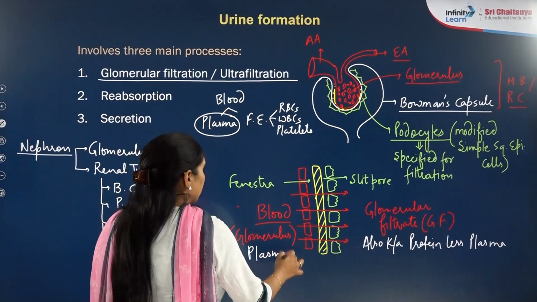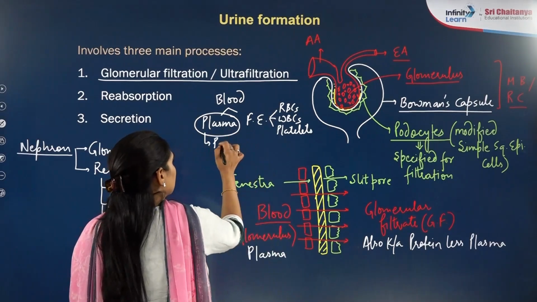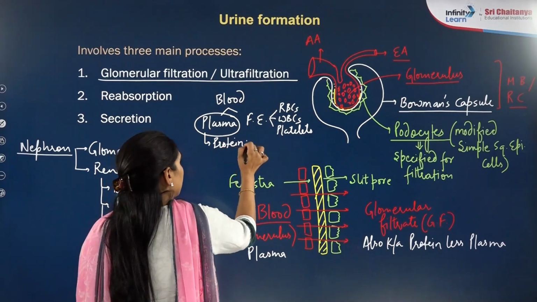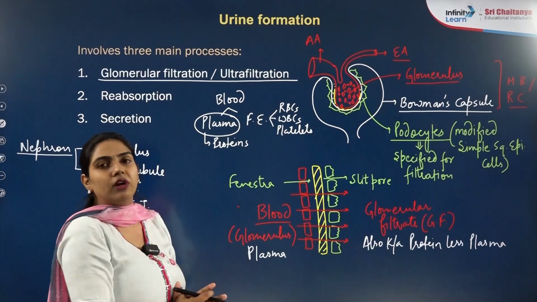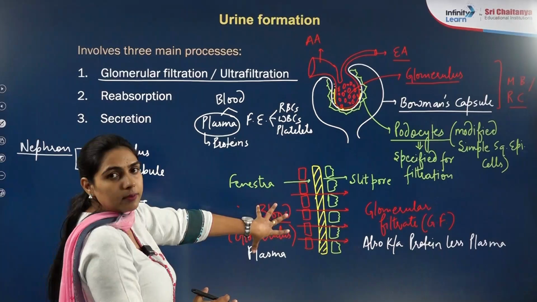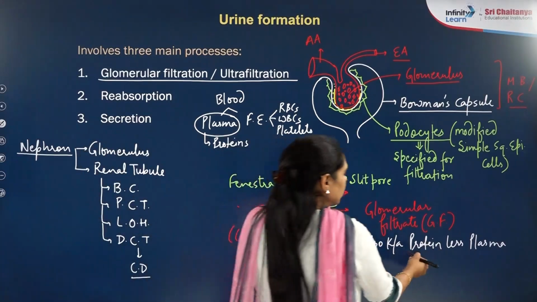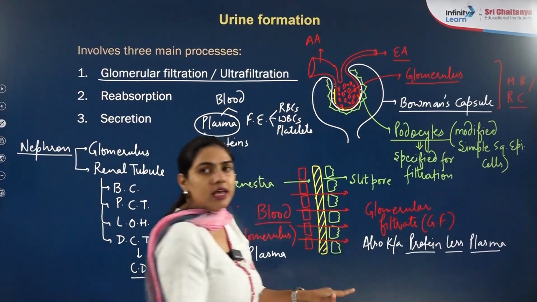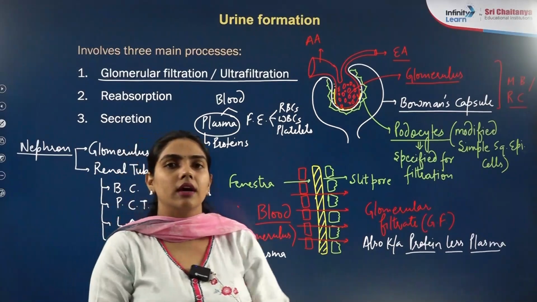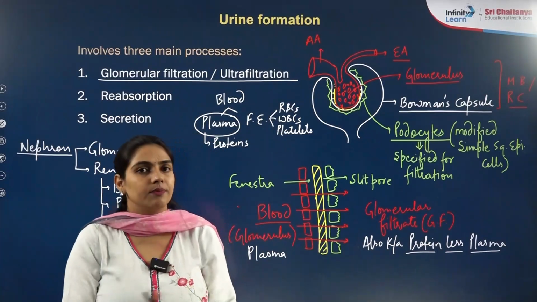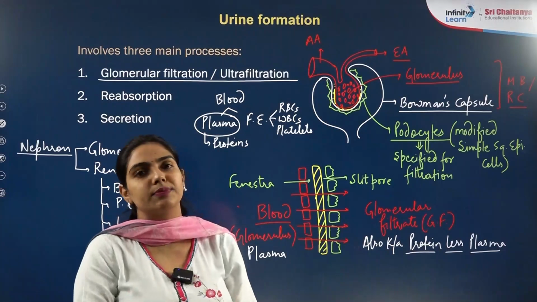And in the plasma, proteins are also present, na? These proteins will also not be filtered. They will stay here only. So that is why it is protein-less plasma. Everything else, apart from proteins, will be coming. What else is present?